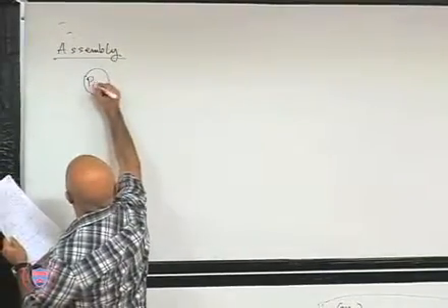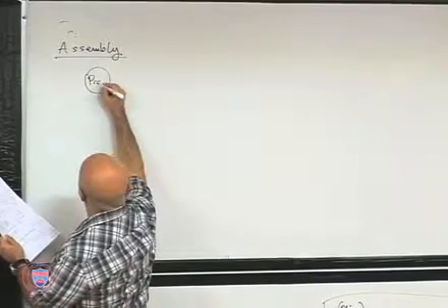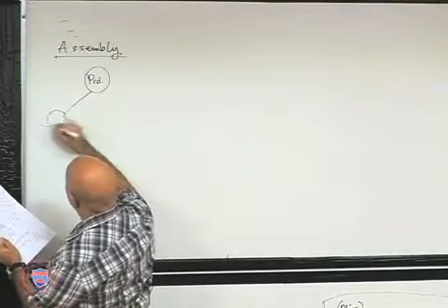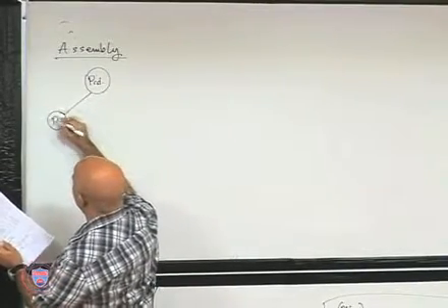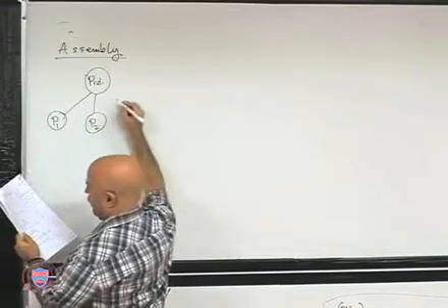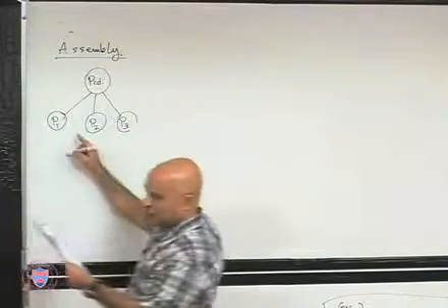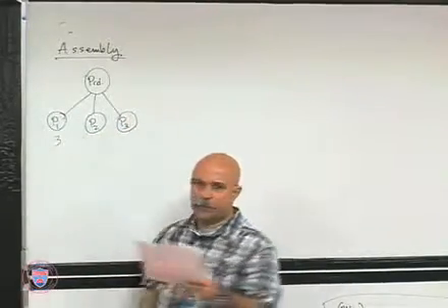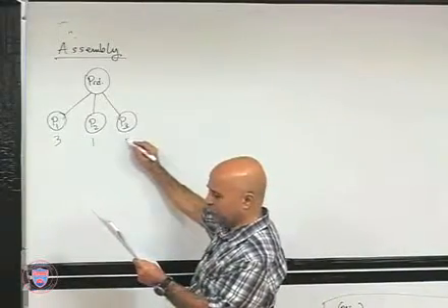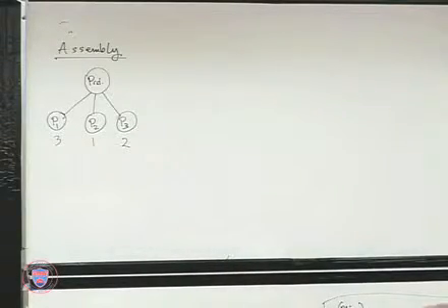There's a product, and let's see, it requires part 1, part 2, and part 3. But it requires 3 units of part 1 for one assembly, 1 unit of part 2, and 2 units of part 3. Okay?